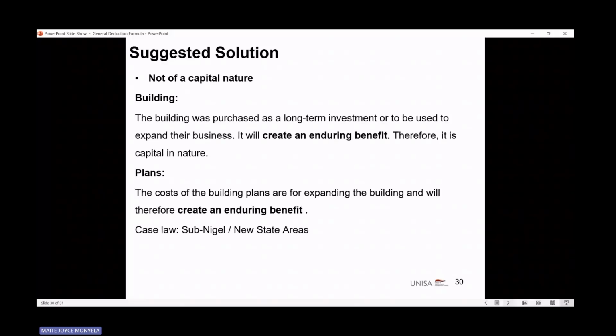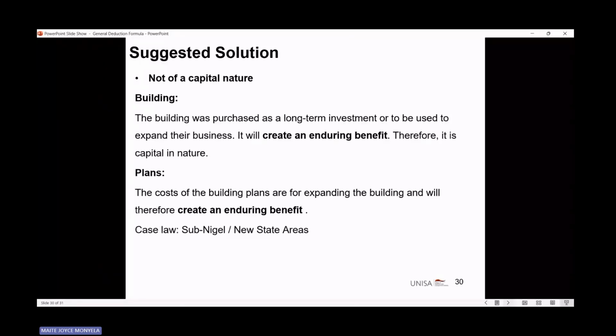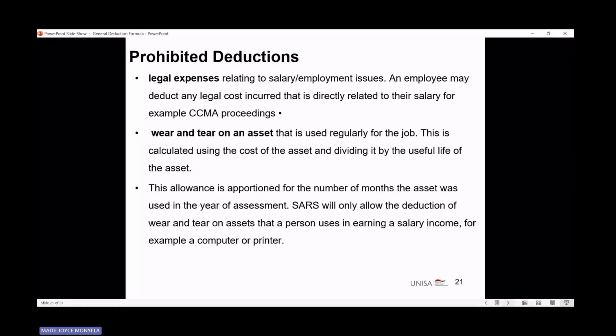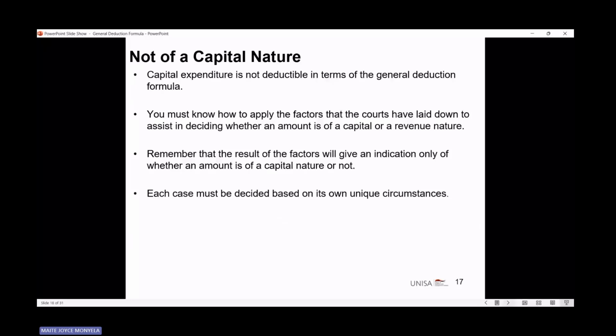Let's test the last requirement, not of capital nature. Let's go to the definition. What we said about not of capital nature is that capital expenditure is not deductible in terms of the general deduction formula. If it is of capital nature, it's not deductible. If it's of revenue nature, it's deductible.